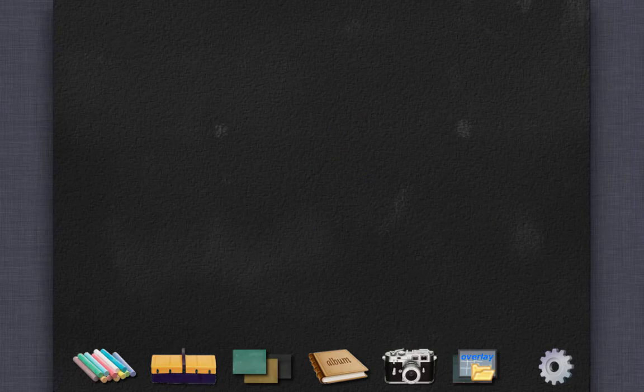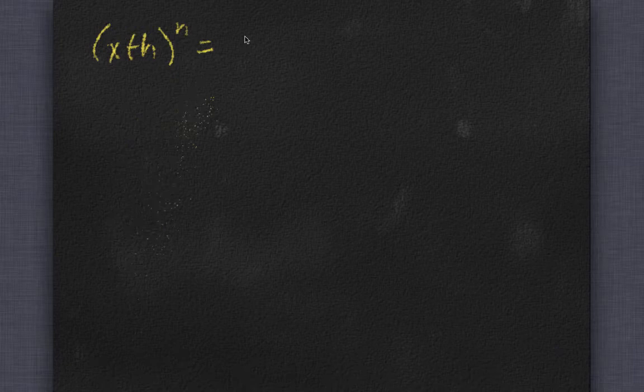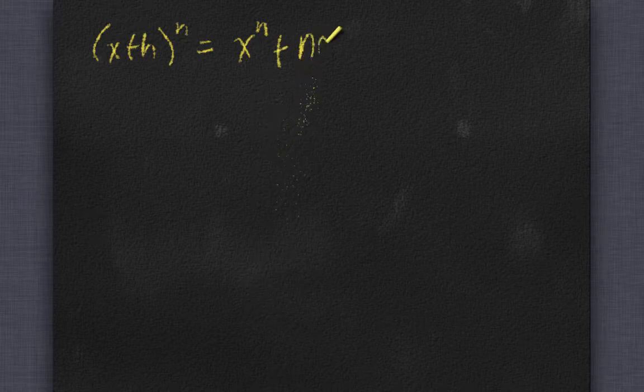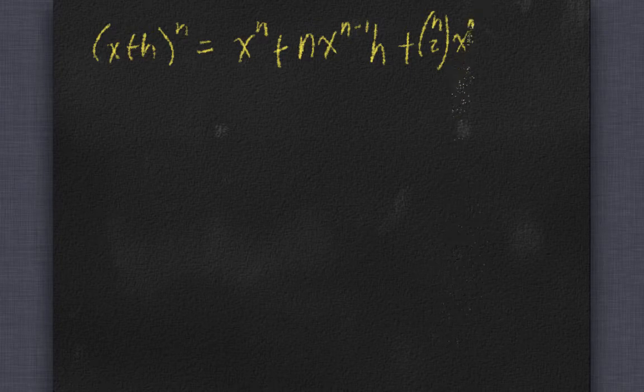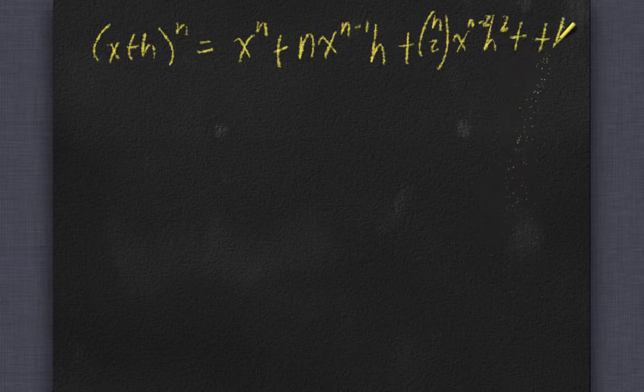Okay, so x plus h to the n equals x to the n, because there's one way to do that, plus there are n ways to choose one h, which means I have n minus 1 x's. And then there are n choose 2, whatever this happens to be, x to the n minus 2, h squared, and then plus down to h to the n.